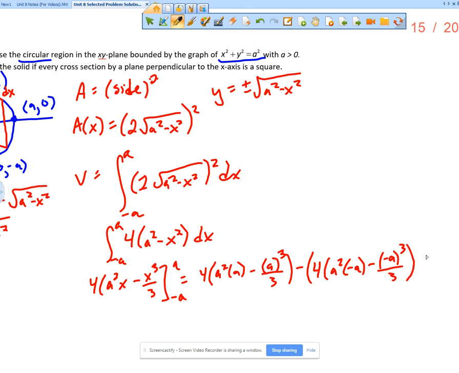So then I have all of that. Now if I distribute the 4, I have 4a cubed, minus 4a cubed over 3. Then I have a minus here, but a squared times negative a, so this becomes plus 4a cubed. Then I have a minus getting distributed here, and a minus there, and then I have 3 minuses, so the end result is minus 4a cubed over 3.